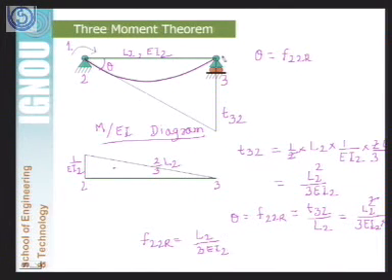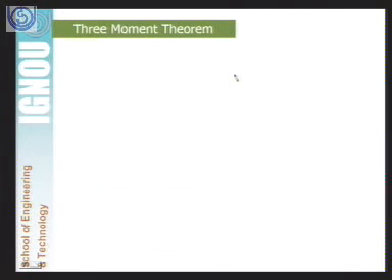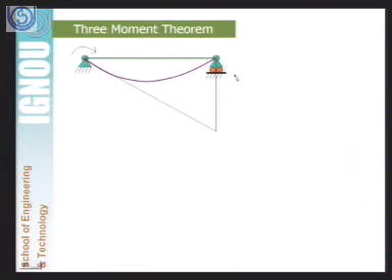Now next we are going to calculate the rotation at point 2 because of the unit moment applied at node 3. So that will be called F23. So this is our node 2 and this is node 3.